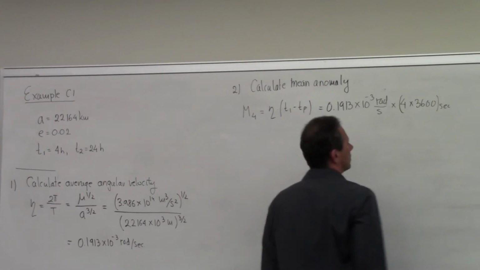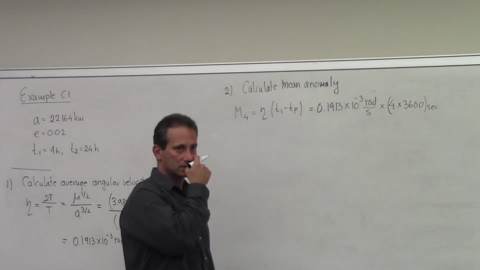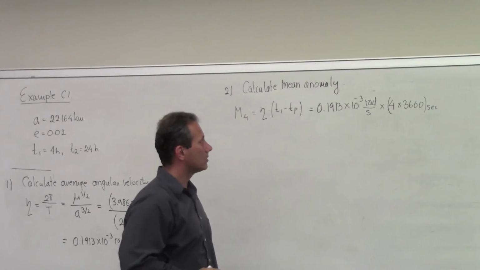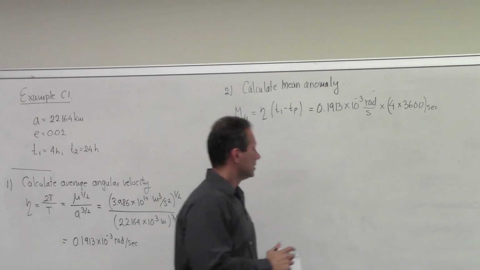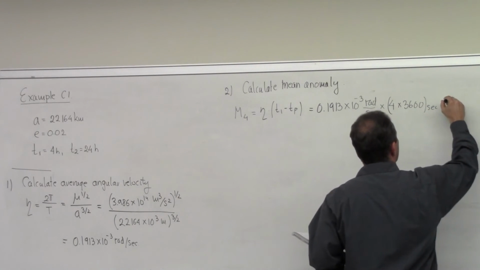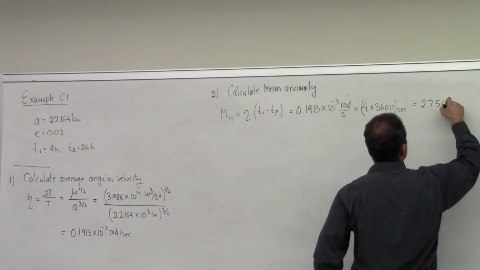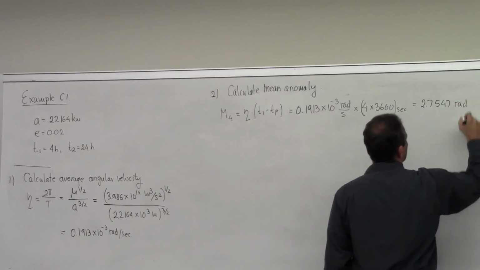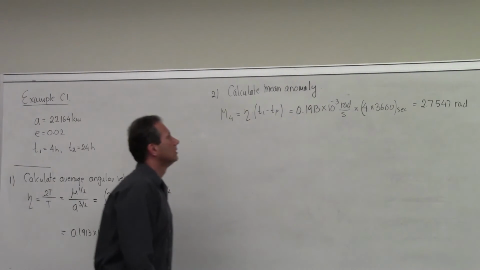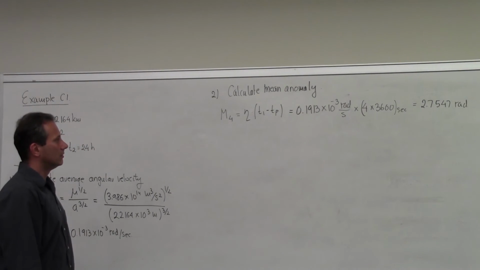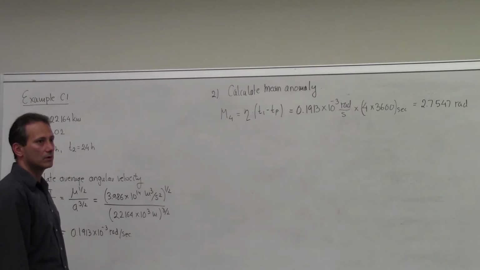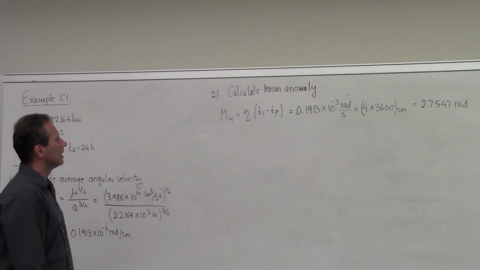Because an hour has 3600 seconds, and 4 hours is 4 times that. So this gives me an angle of 2.7547 radians. So this is how much mean anomaly I have over this period of 4 hours.